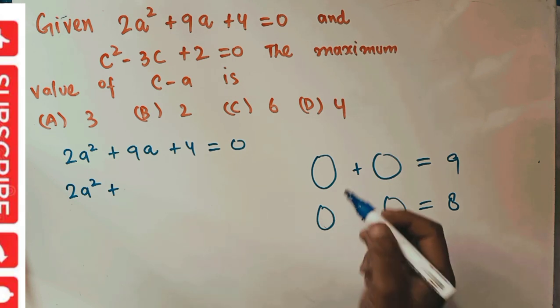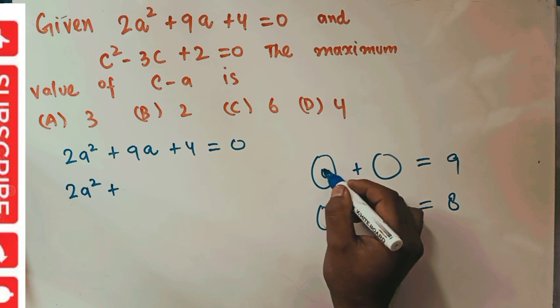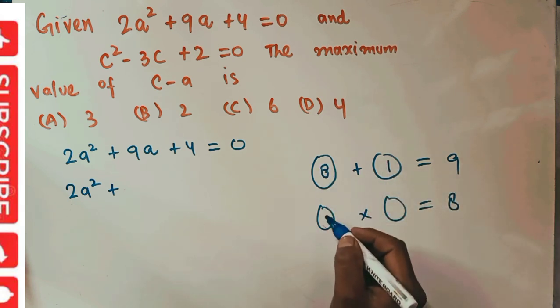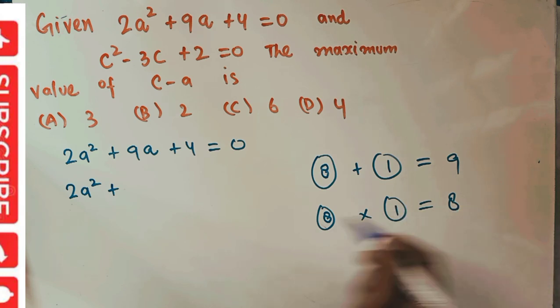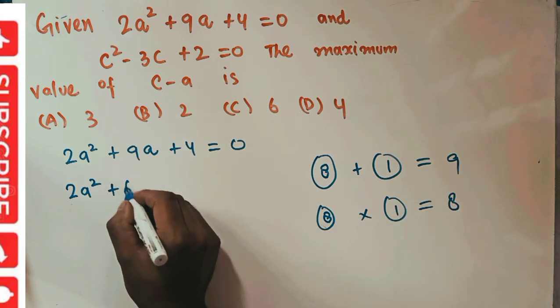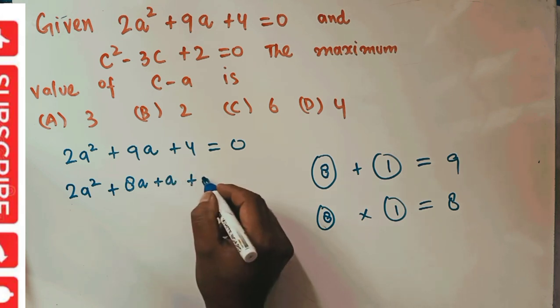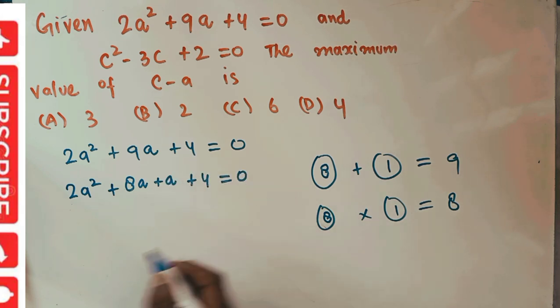So we can guess here 8 and 1, so 8 plus 1 is 9 and 8 into 1 is 8. So in place of 9a I can write 8a + a. Then we have this 4 as it is, set equal to 0.